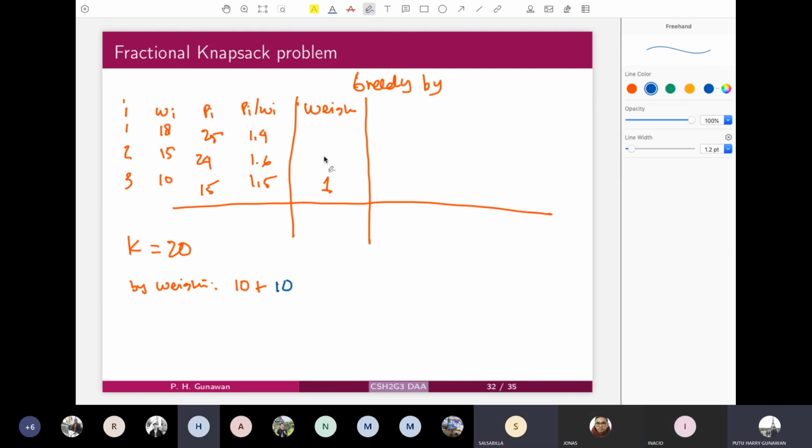How to make this 10? It should be 10 over 15. Why? If you calculate this, the total should be 20.